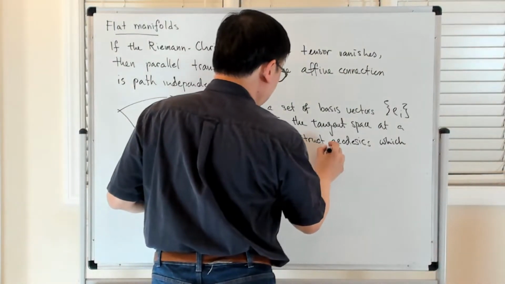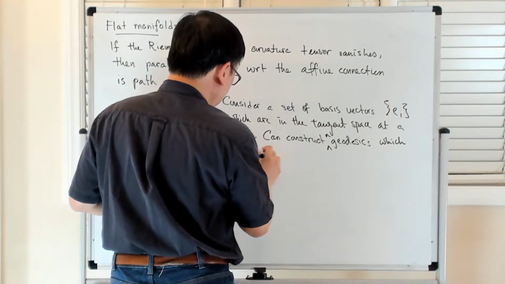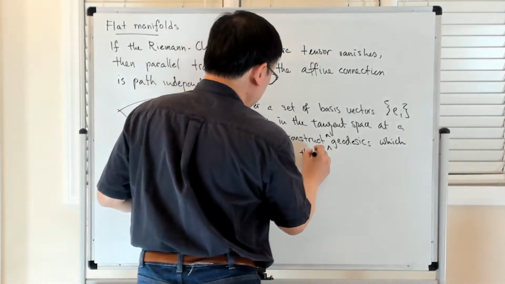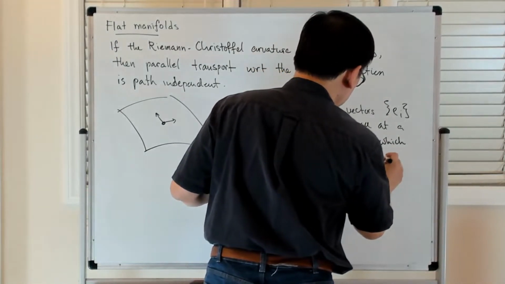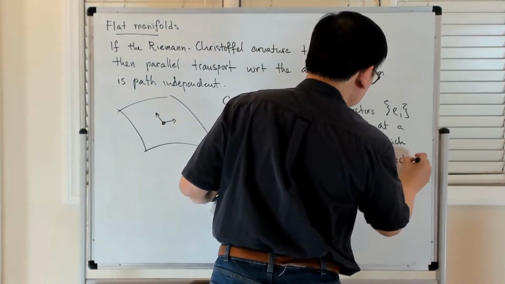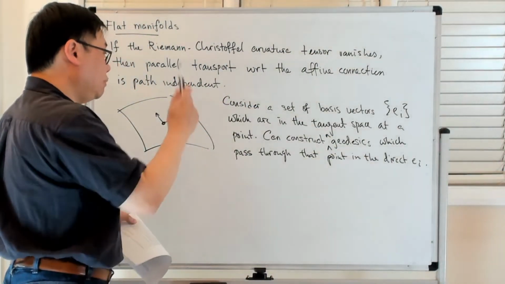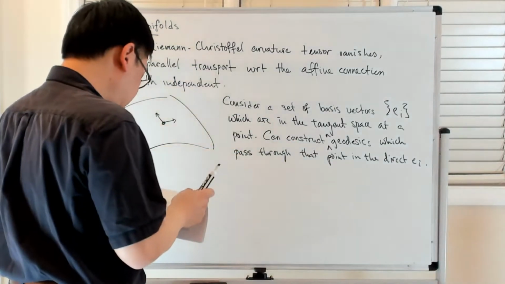We can construct actually n geodesics which pass through that point, in the direction E_i. So for each of the basis vectors, you want a geodesic which goes in that basis vector direction.